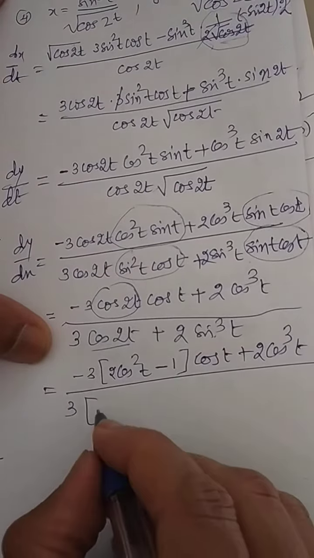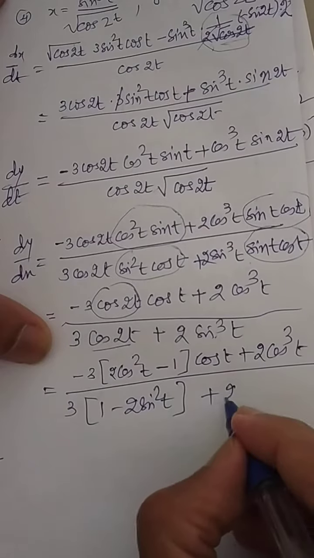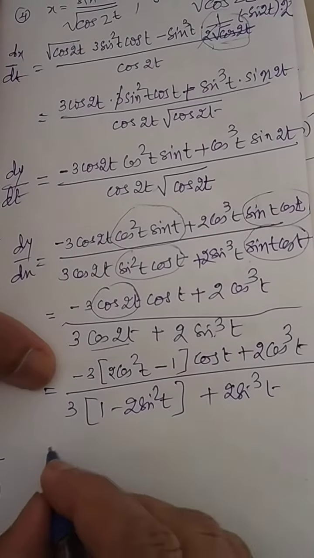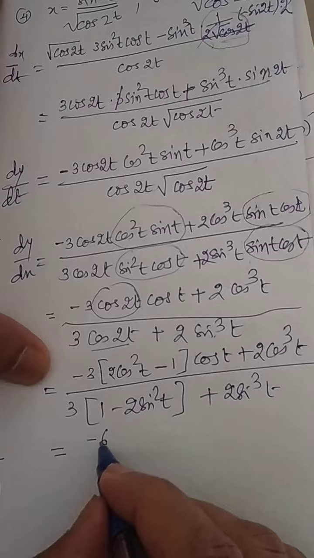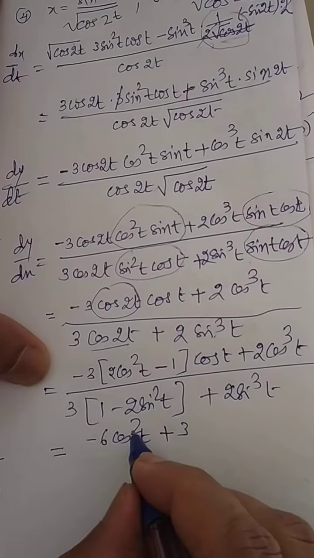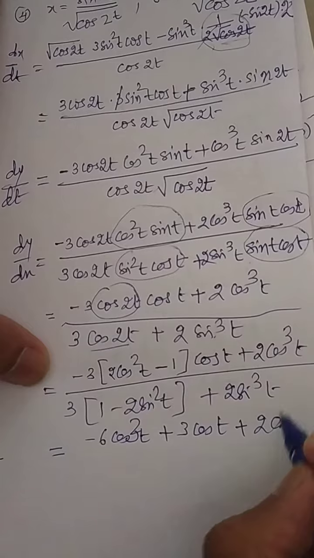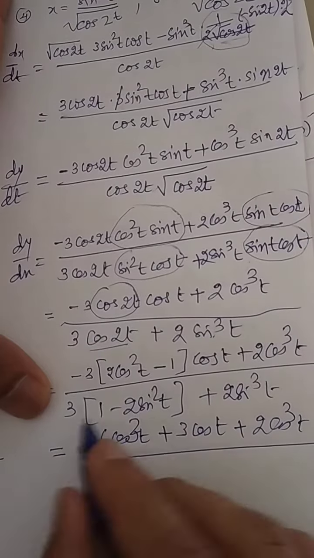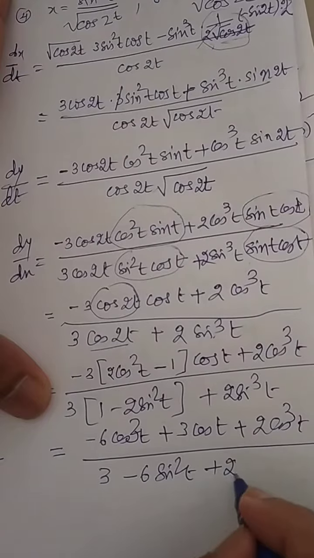This I am writing in sine, 1 minus 2 sin square t plus 2 sin cube t. Simplify. It will give you, this is minus 6 cos square t plus 3 cos cube t, 3 cos t plus 2 cos cube t divided by, this is 3 minus 6 sin square t plus 2 sin cube t.